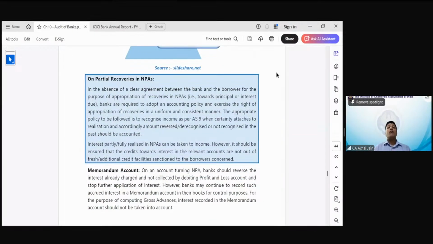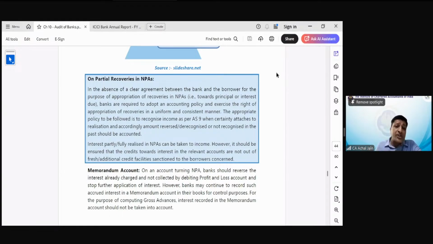Now, what if there is a partial recovery in NPA? Let's suppose there is no clear agreement between the bank and the borrower for the purpose of appropriation of recoveries in NPAs. Banks are required to adopt an accounting policy and exercise the right of appropriation of recoveries, which has to go in line with the accrual concept.